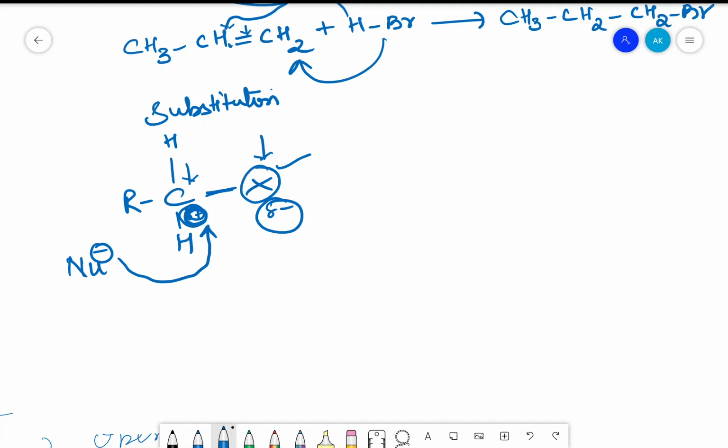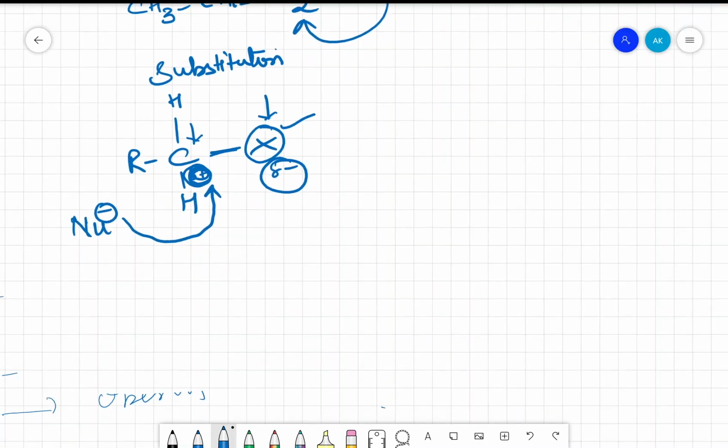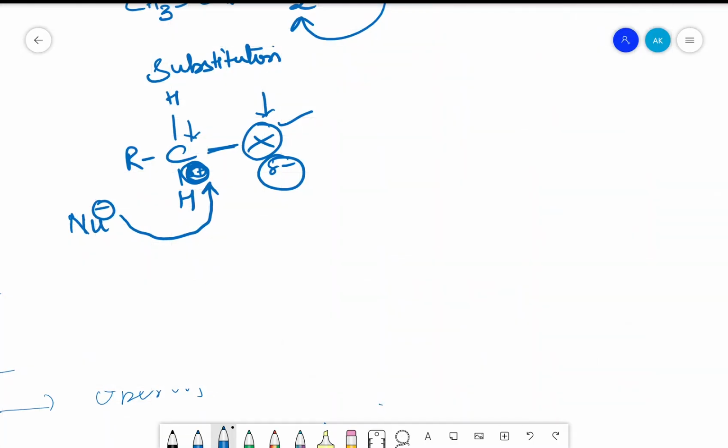So when the substitution reaction is happening and it is attacked by a nucleophile, that reaction is called nucleophilic substitution reaction. And this nucleophilic substitution reaction is the characteristic reaction of alkyl halide.